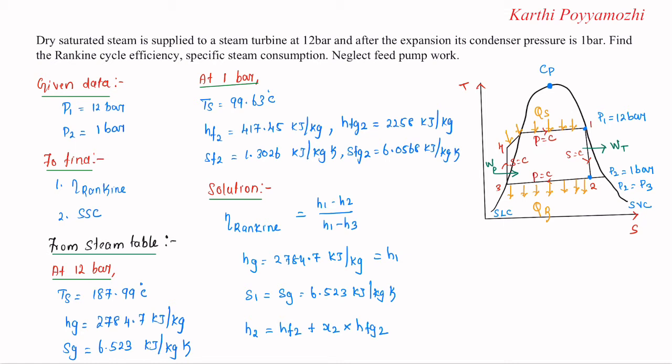This dryness fraction value can be found by equating the values of the entropy. Since the expansion process is taking place isentropically, the entropy at state point 1 will be equal to that at state 2. That is, S1 will be equal to S2, since the expansion process is isentropic.